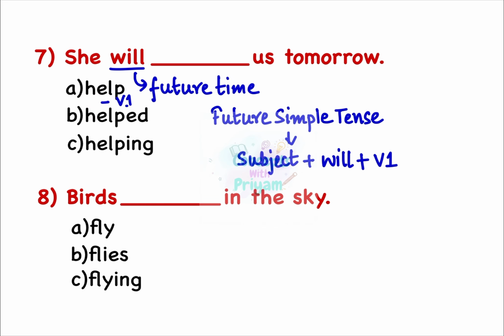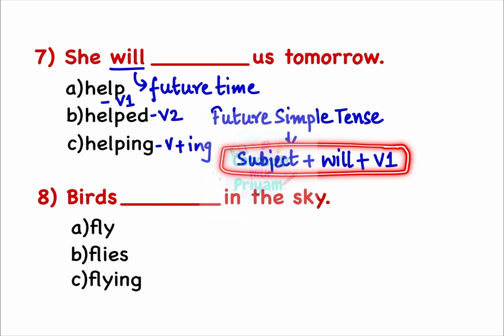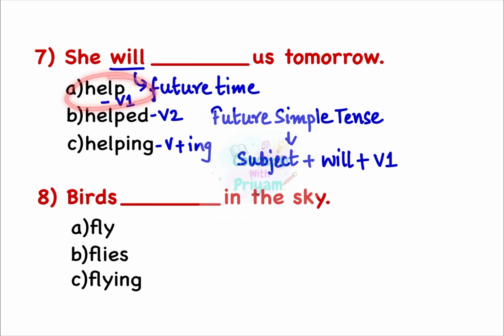Help is verb 1, helped is verb 2, helping is ing form of the verb 1. Since the sentence has will and follows the structure, the correct option is help. She will help us tomorrow.